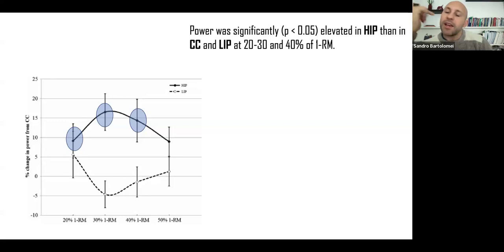If the amount of force required was lower, so low isometric pre-activation, then the power was lower compared to the regular concentric contraction. So only in particular conditions of isometric pre-activation was the power produced more elevated.